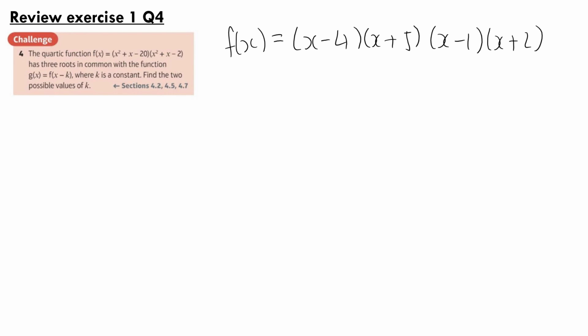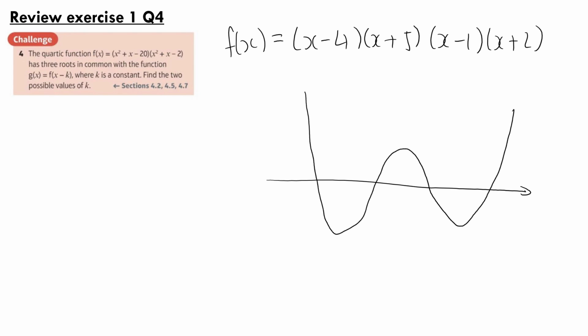And we can draw this quartic using these factors. So we know it will look something like this, a W shape. And we have the roots 4, minus 5, 1, and minus 2. So minus 5 will be down here, then minus 2, then 1, then 4.